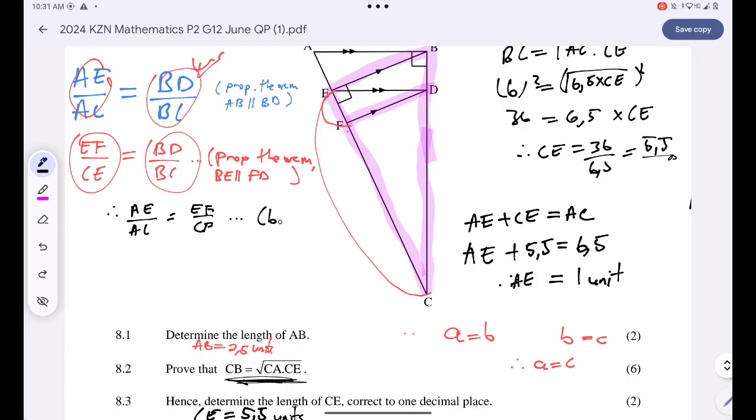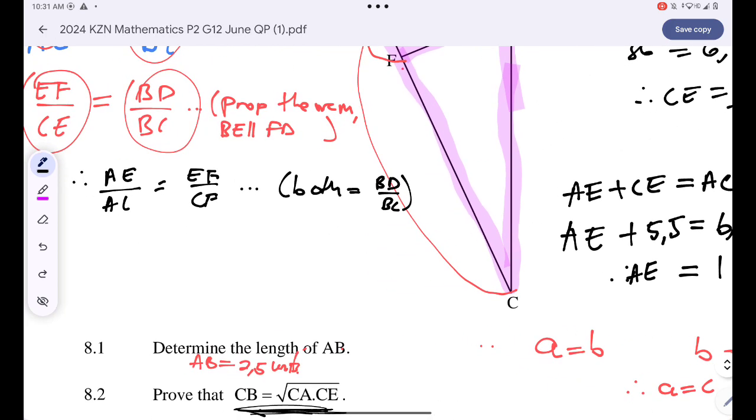This is true because both ratios are just equal to BD all over BC.